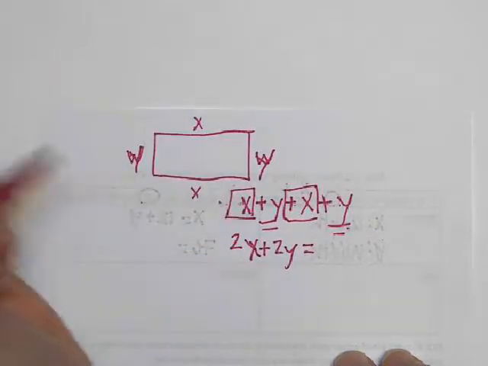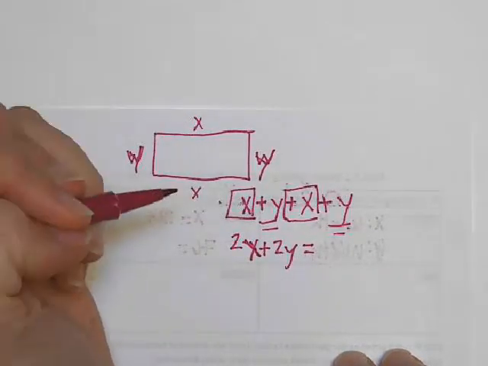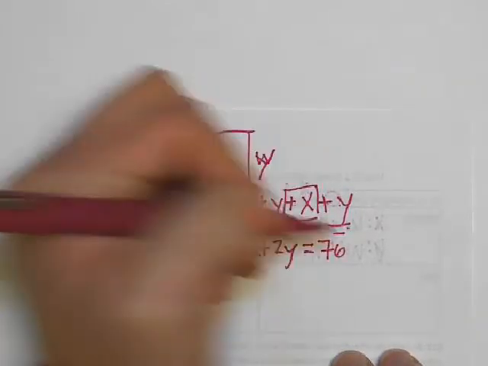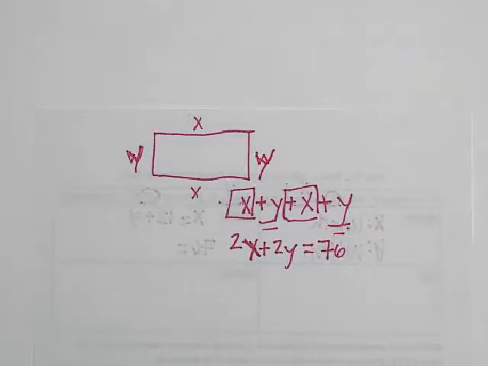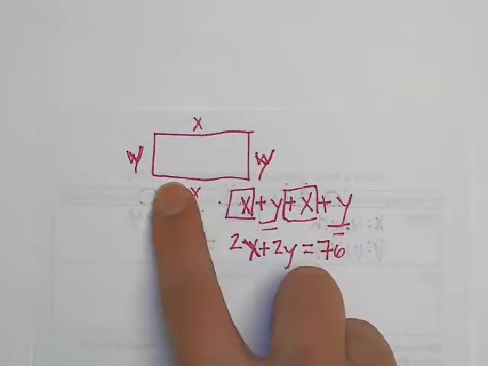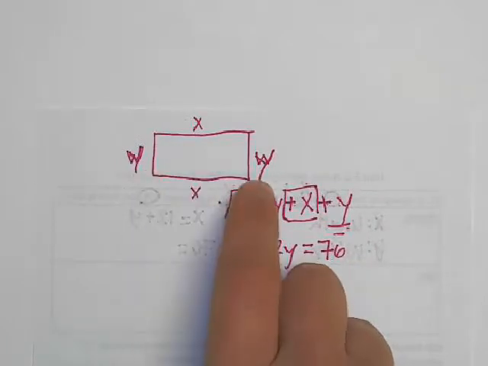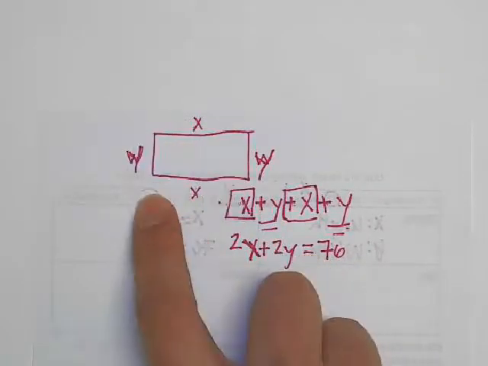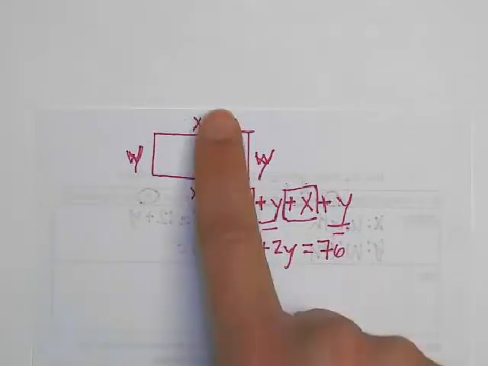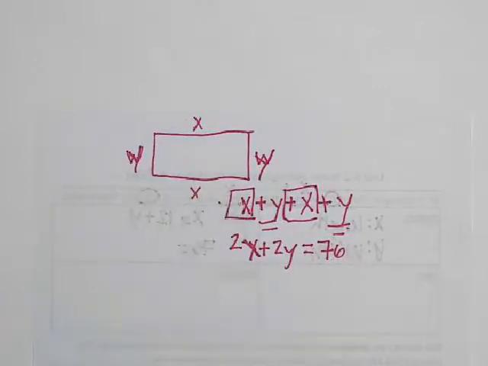And what do they equal? What's the total perimeter? 76. So on this one, is it x plus y? Are you just taking one side of each? No. For perimeter, you have to take all 4 sides. They are the same, so we take 2 of the x's and 2 of the y's. 2 lengths and 2 widths gives me the total perimeter.